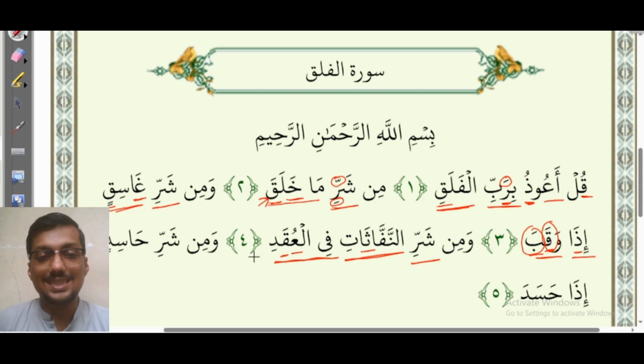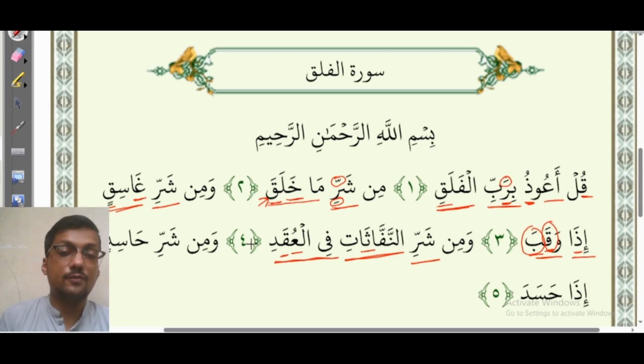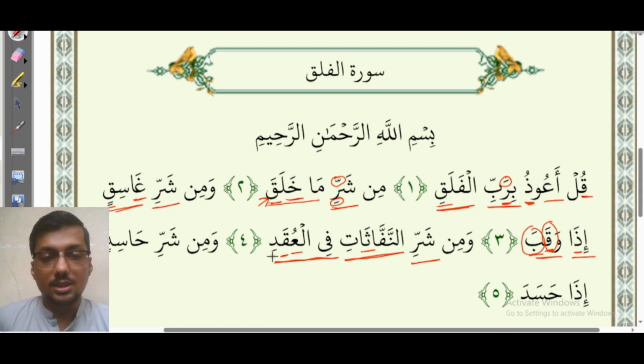Uqad, not Uqad. Next letter is Dal. We know Dal is a kalkala letter, and we have to do a kalkala at the end. Uqad.